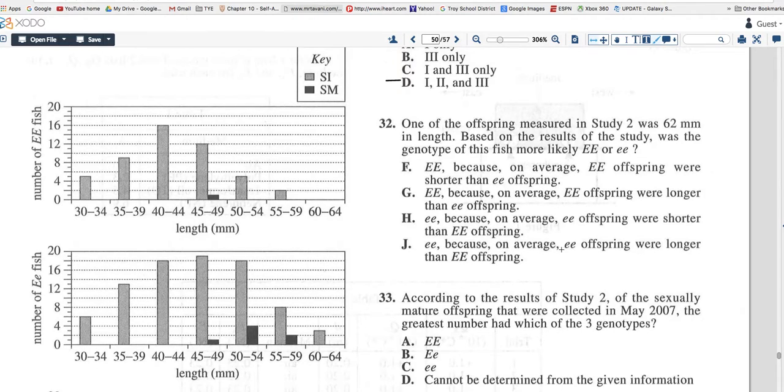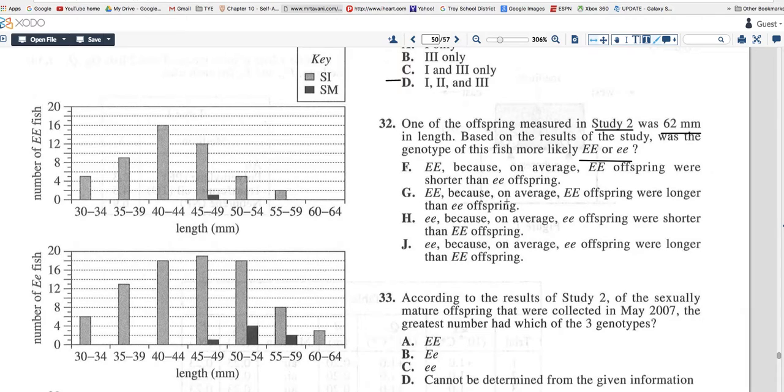Yes, Sean. So you highlight study 2, and then 62 millimeters in length, and then EE or lowercase ee, and then you look at the table next to it, and you see that the bottom of the 2 lowercase e's are longer, and there are more of them in the 60 to 64.